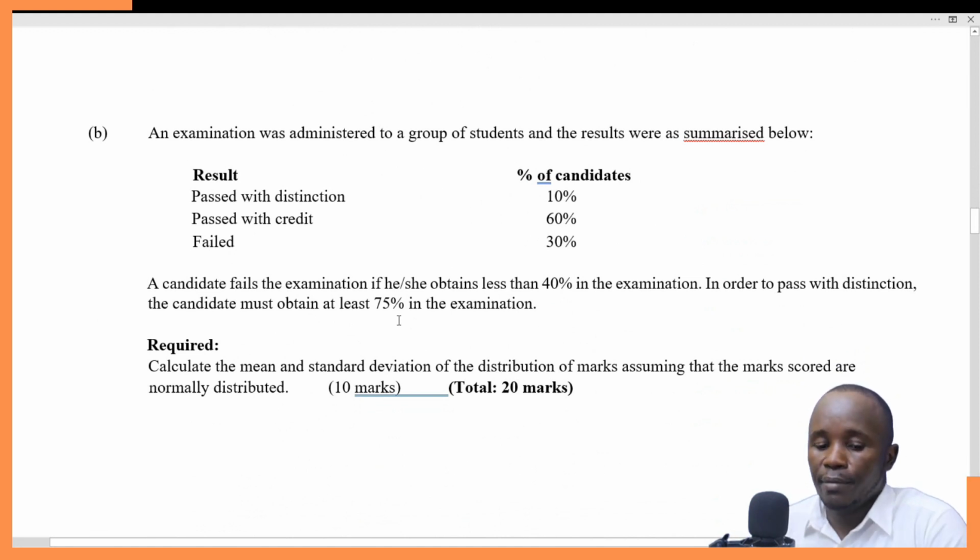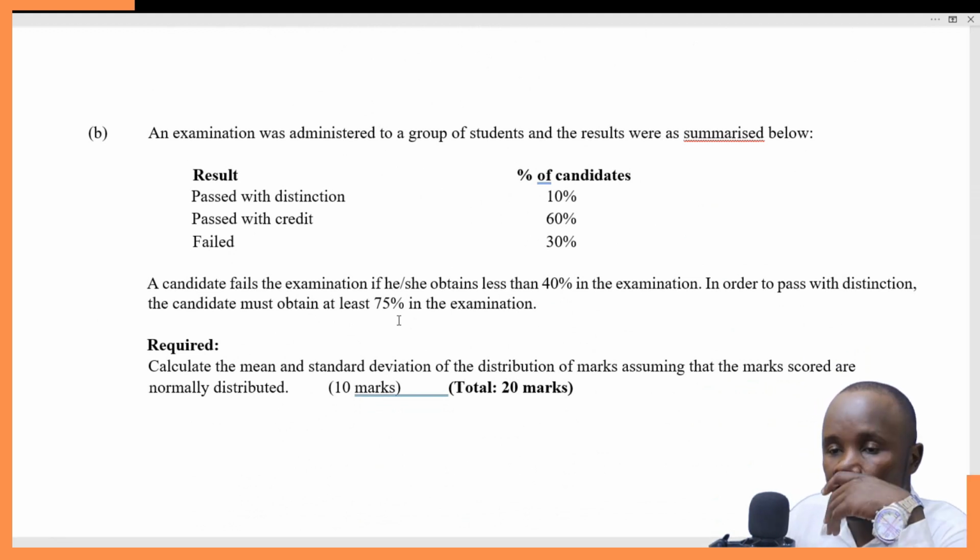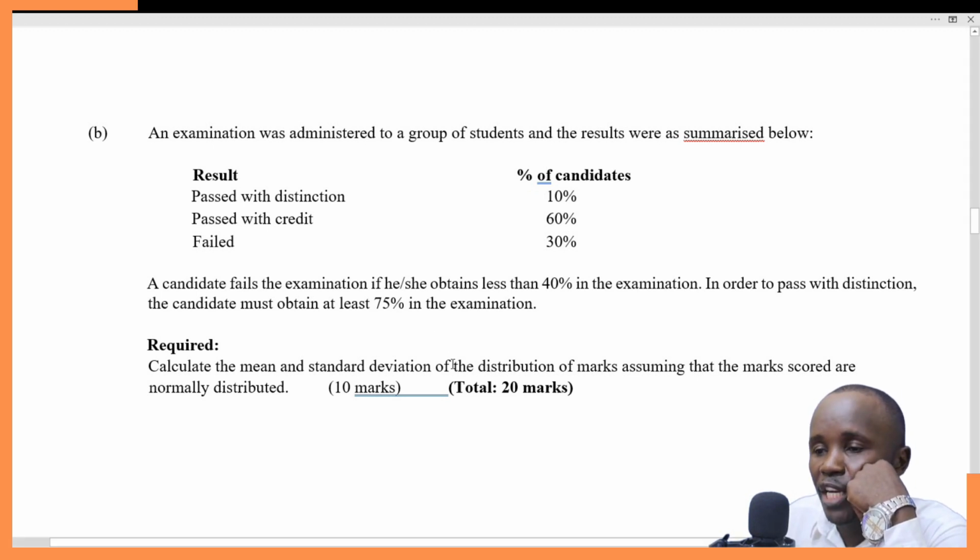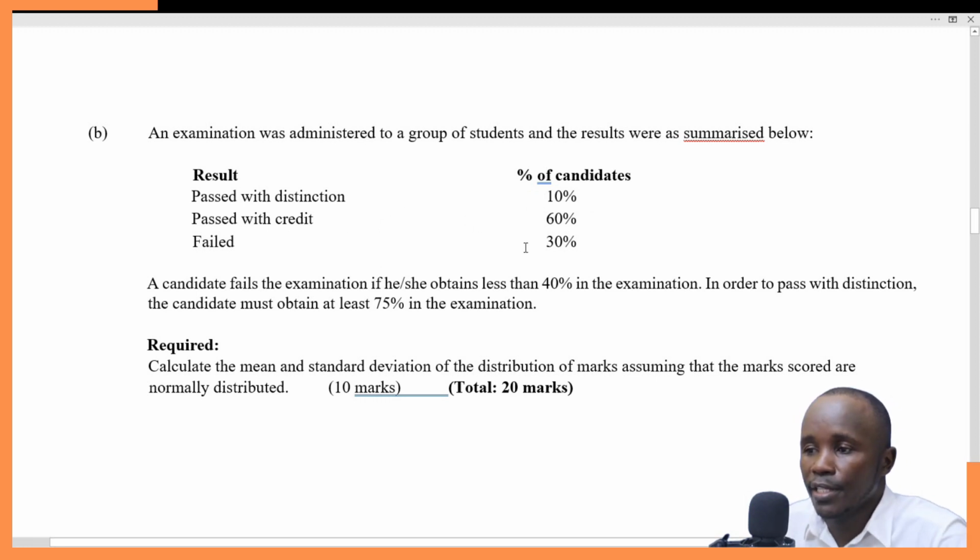Part B, we are told that an examination was administered to a group of students and the results were as summarized below. Some students got a distinction, they were only 10%. There are some students who got a credit, there was 60%, and there are students who failed.